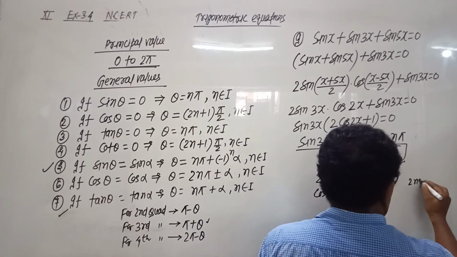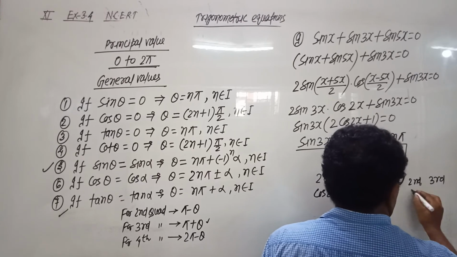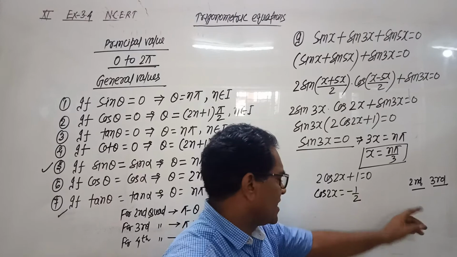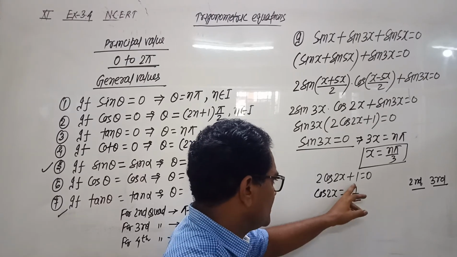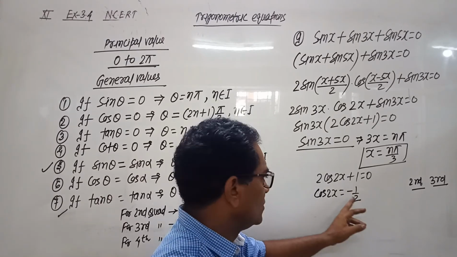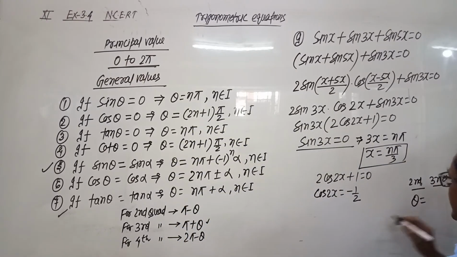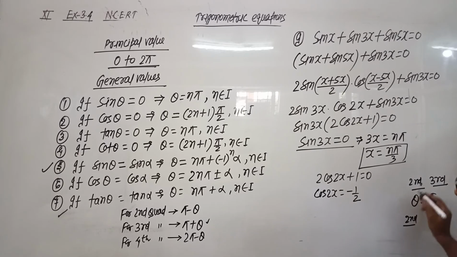So we'll take the value of the second quadrant, and for finding the value of theta we'll take its modulus value, 1 by 2. Cos 60 degrees is 1 by 2, so theta is taken as pi by 3. And for finding the principal value in the second quadrant, we use the formula pi minus theta. So pi minus pi by 3 is 2 pi by 3.